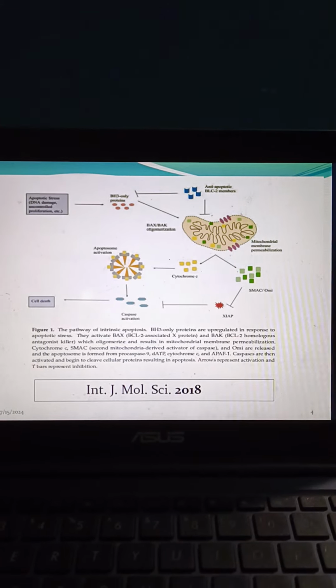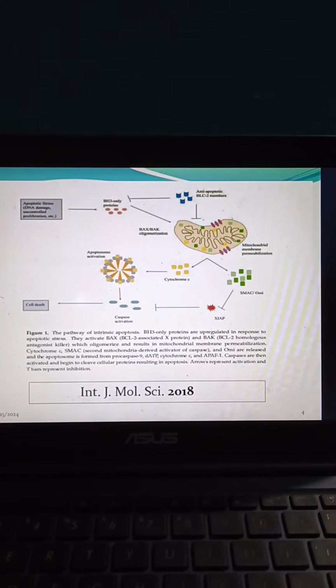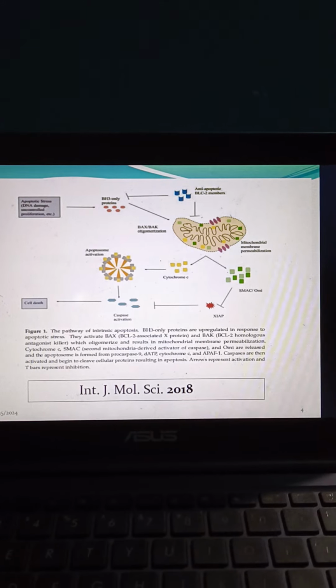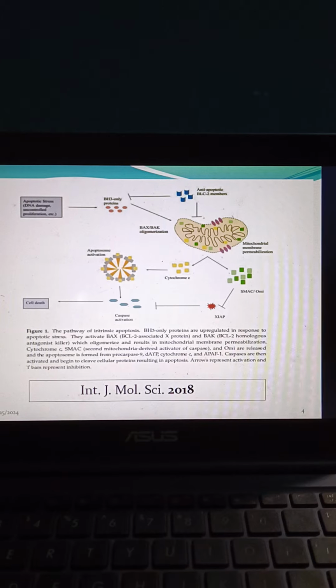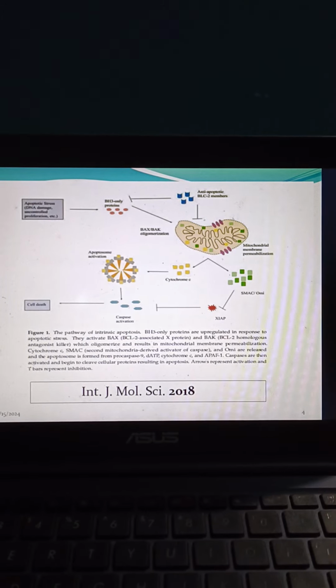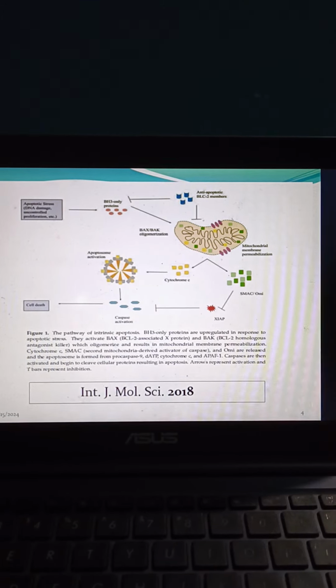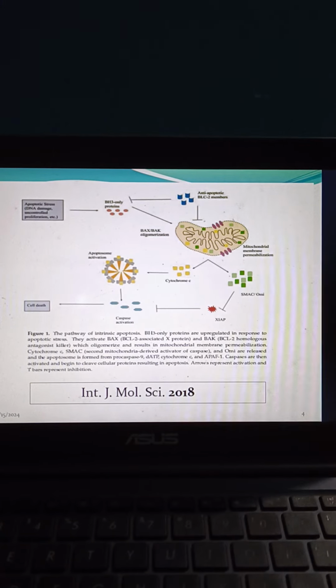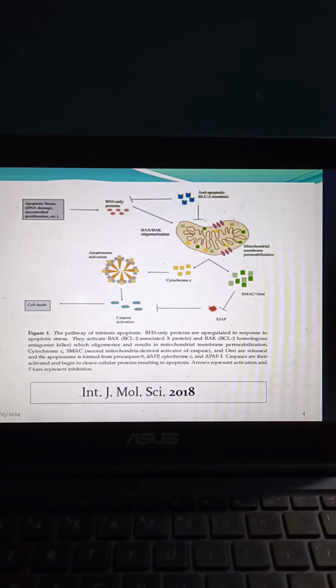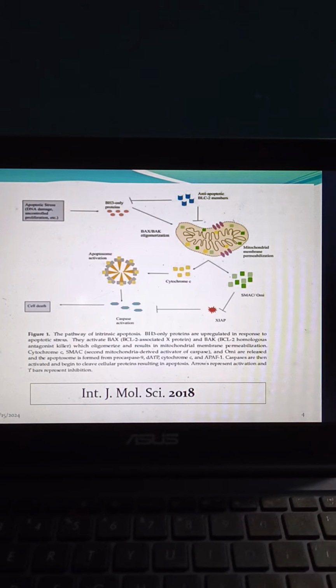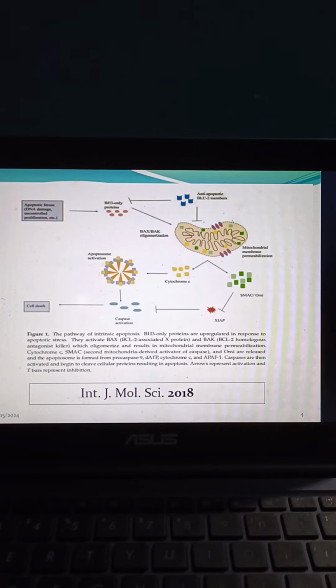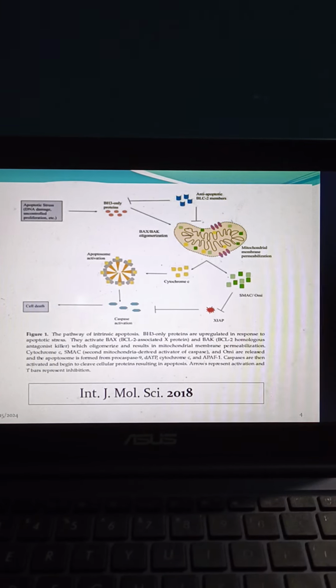So this is another diagram showing the pathway of intrinsic apoptosis. BH3-only proteins are upregulated in response to apoptotic stress. They activate BAX, BCL2-associated X protein, and BAK, BCL2 homologous antagonist killer, which oligomerize and result in mitochondrial membrane permeabilization.